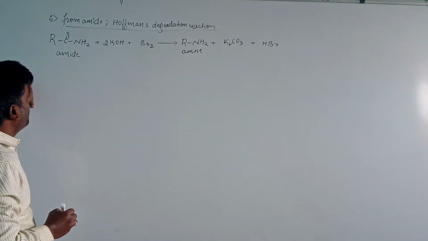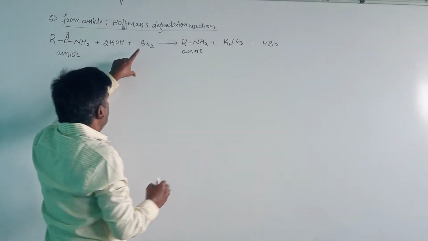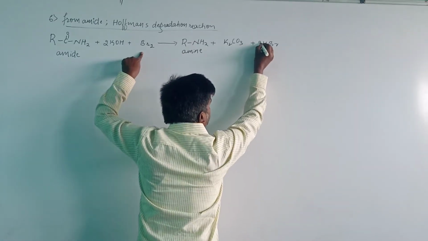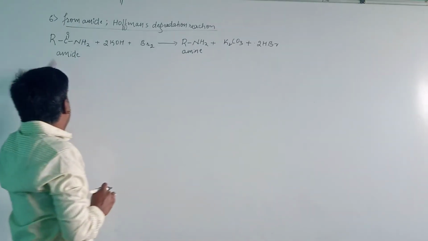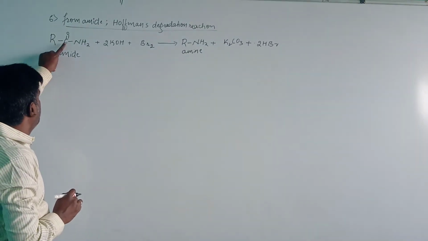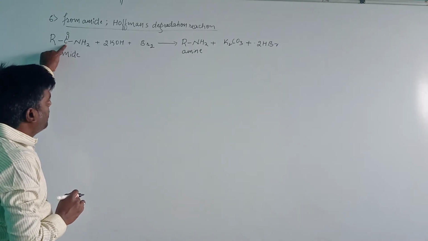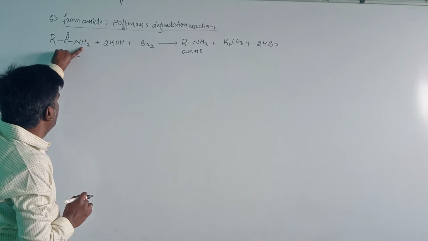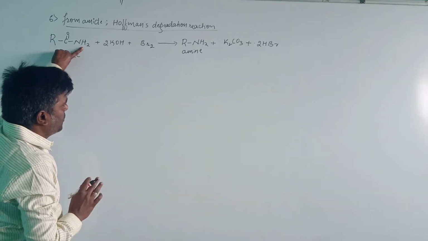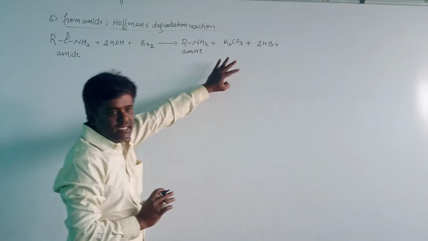The number of bromine is 2 here and 1 there, so take 2. Now the R group is 1, the number of carbon is 1, the number of nitrogen is 1, and the number of hydrogen is 2 to 4, 4, then 2 to 4. Okay, it is the complete balanced reaction.